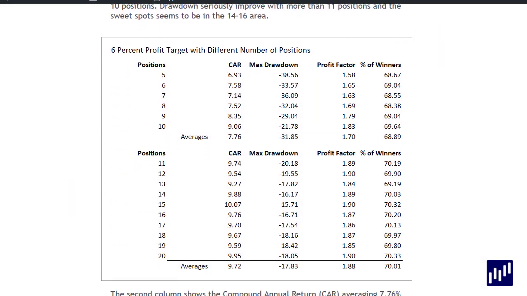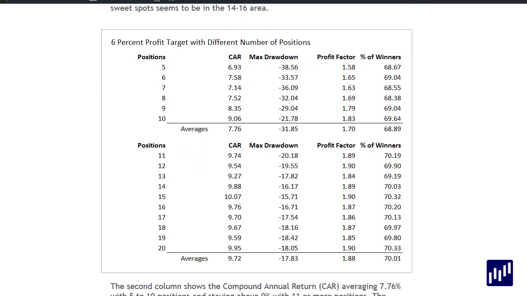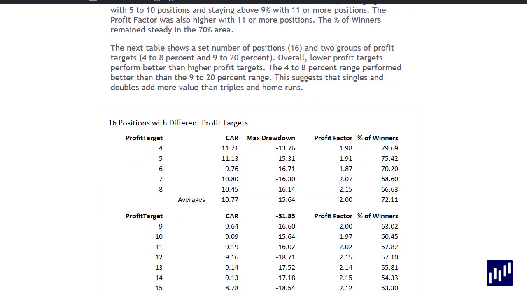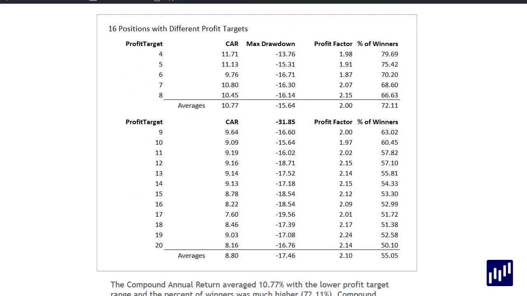I did some sensitivity testing on a 60% profit target with different positions, and I also tested different profit targets based on 16 positions. This was a 50 ETF portfolio, an all-weather portfolio. You have 10 stock alternatives designed to pick up the slack when you don't get signals in stocks.